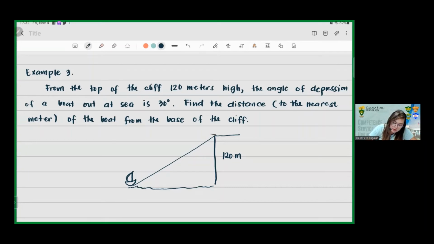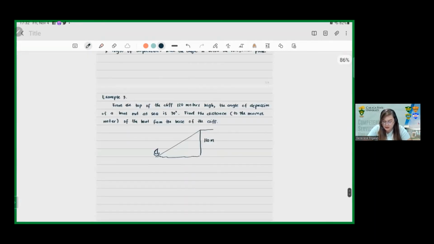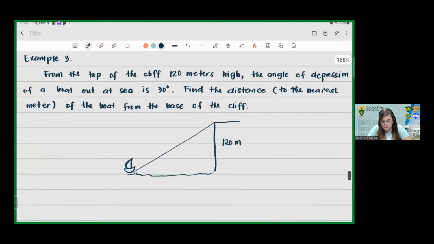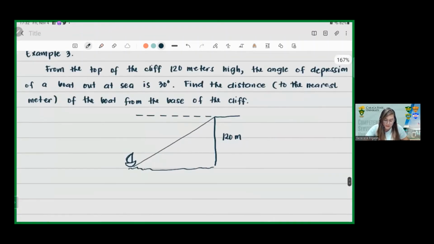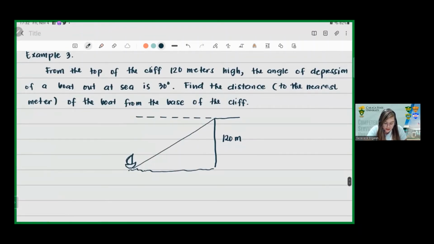So, suppose mao na siya ang high. Ay, sorry class. So, ato nang i-extend dira. Okay, so akong alisdan ha. This is ang angle of depression daw is 60.